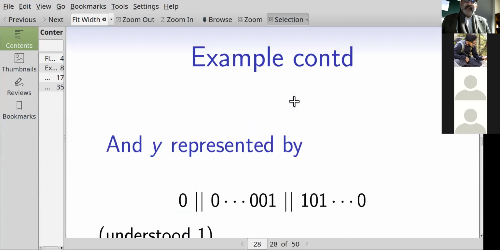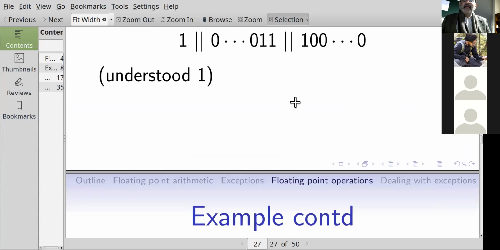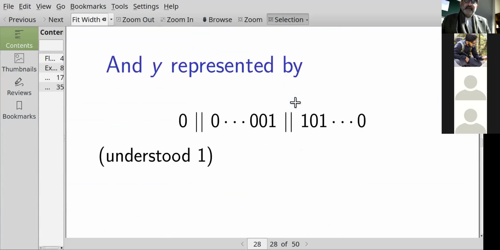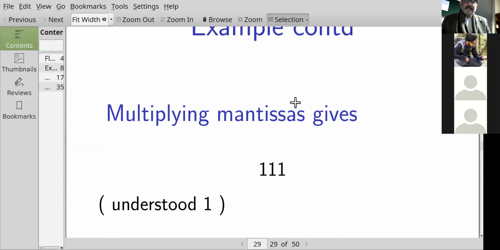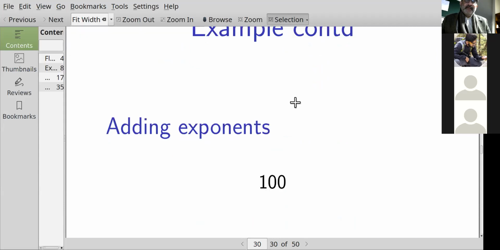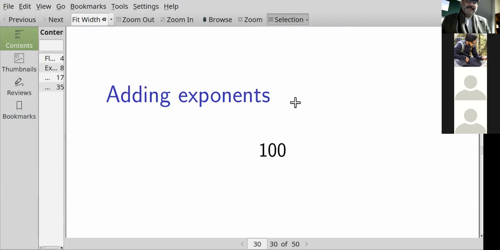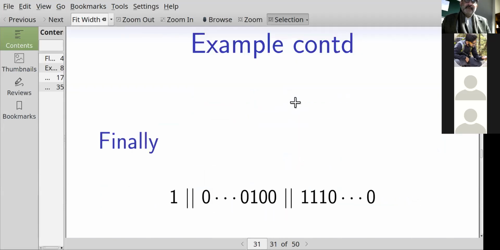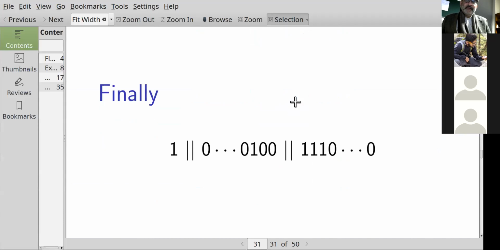And then you add the exponent bits, and you do binary multiplication of the mantissas. If you multiply those mantissas together, you'll get 1, 1, 1 with an understood 1. If you add the exponents, you'll get 100. And finally, this is what the result will be.